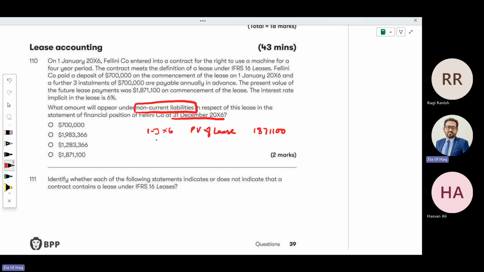So we need to calculate interest to 31st December 20x6. The interest is 6% of this amount, that is 112,266. What is the difference after making this payment?